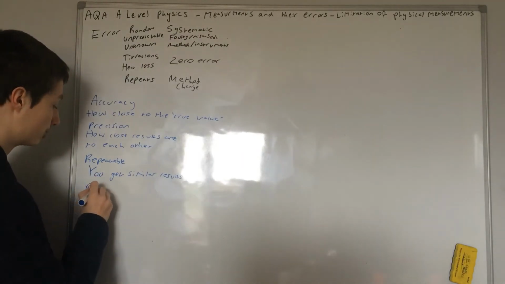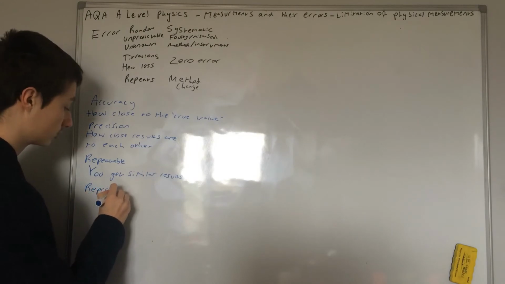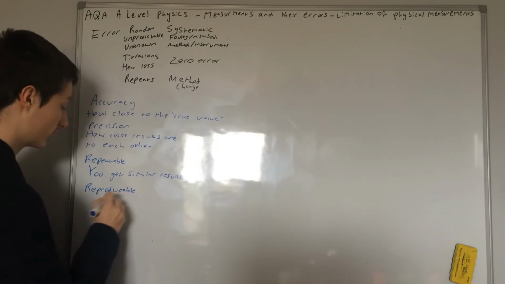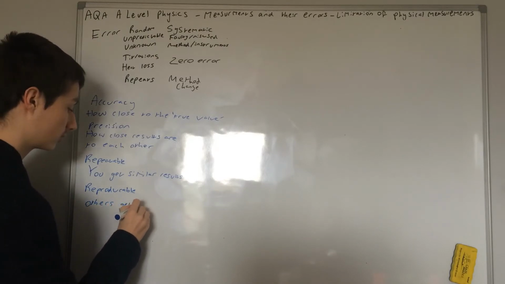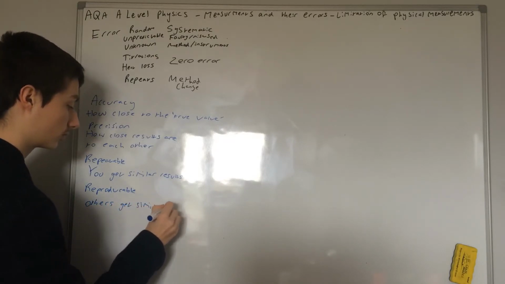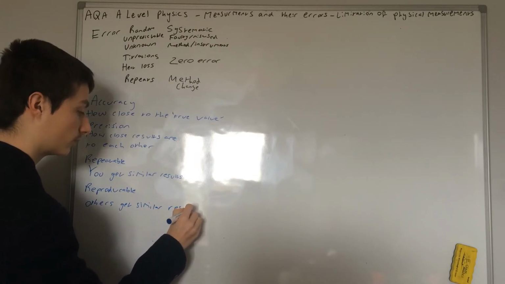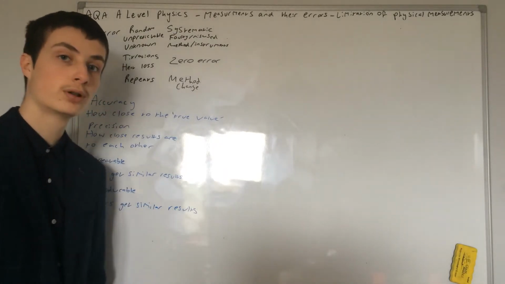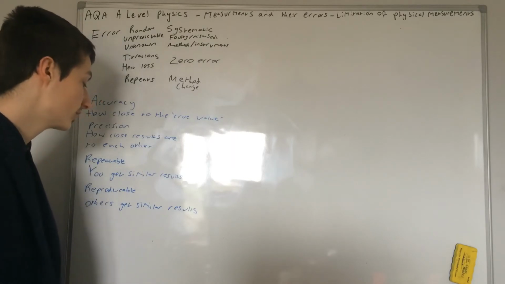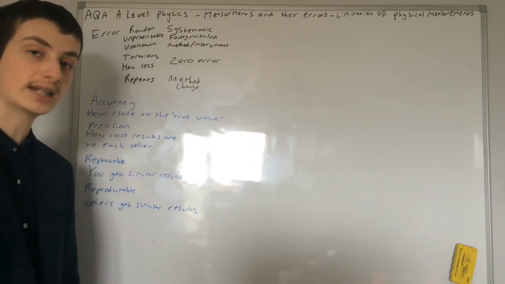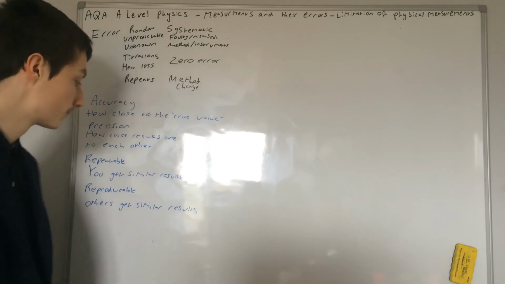Your experiment is reproducible if others get similar results. For example, in a week's time, if another group in a different area tried your experiment and got similar results, your experiment is reproducible. This is ideally what we want our experiments to be.